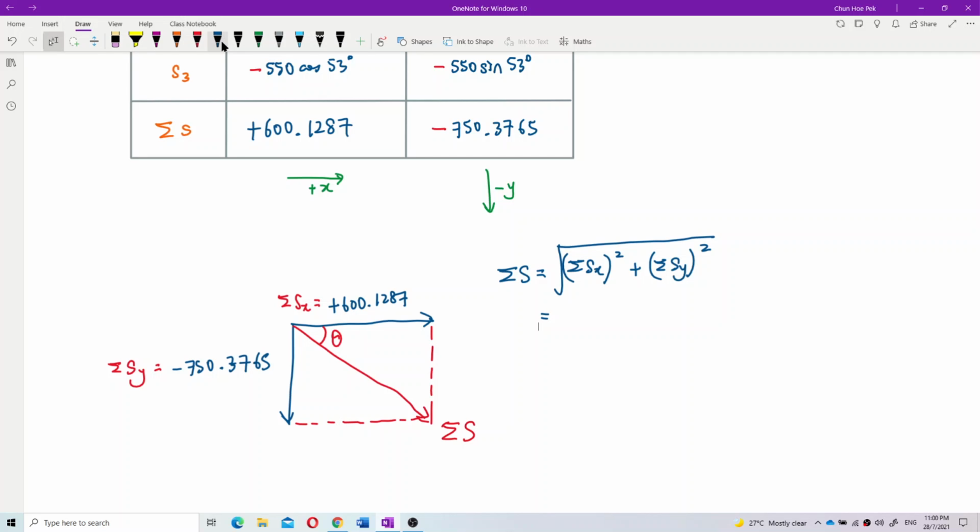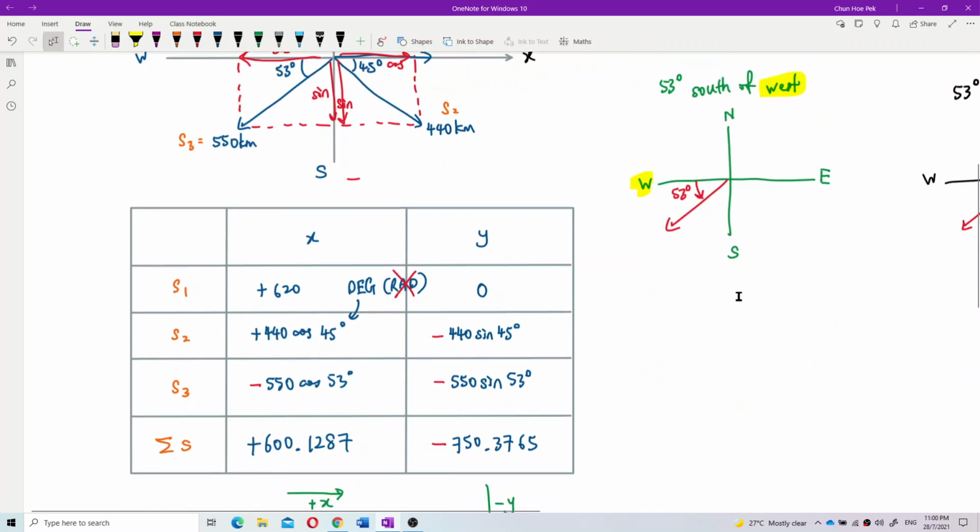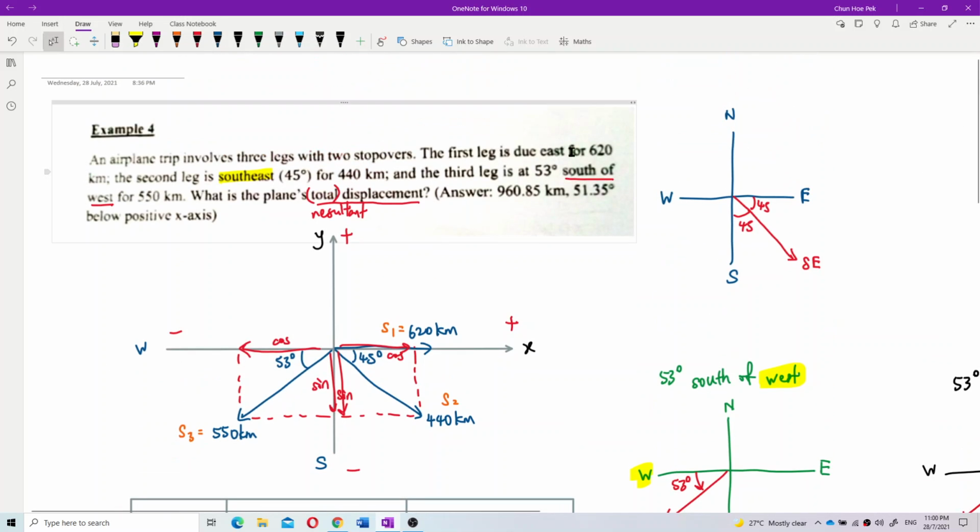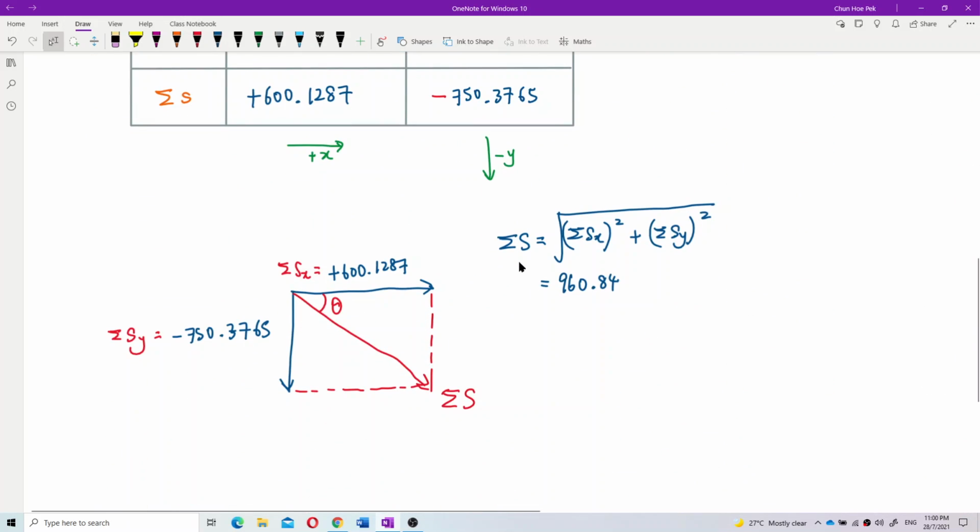I calculated the answer, let me see. The answer is 960.84. What is the unit? It uses kilometer, isn't it? Kilometer. So just put kilometer.